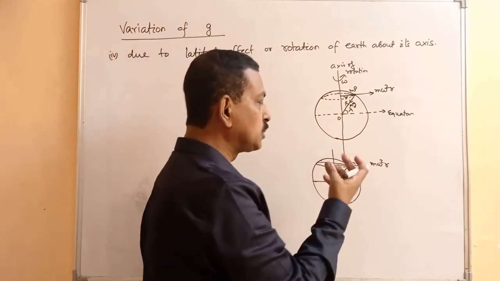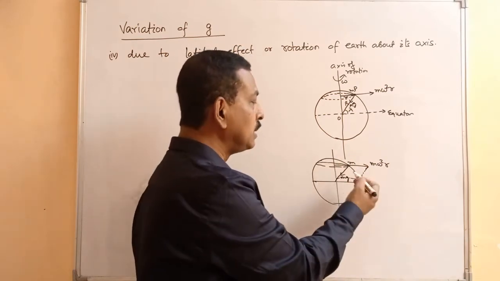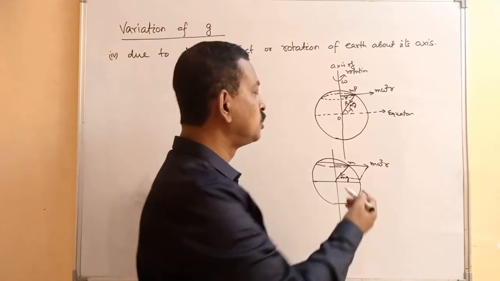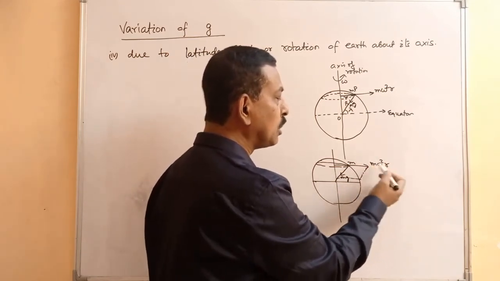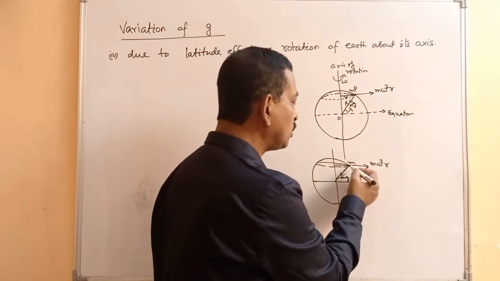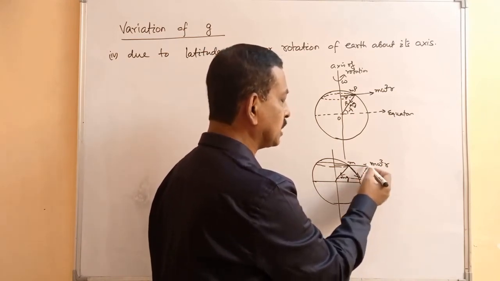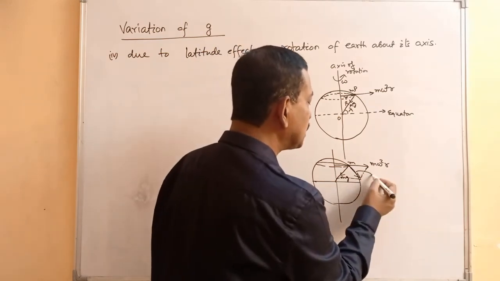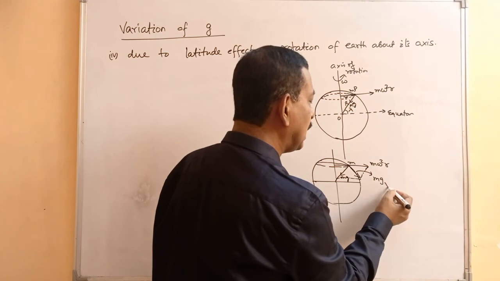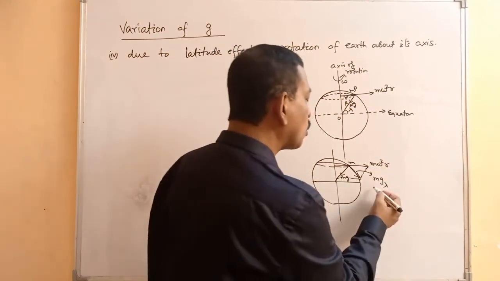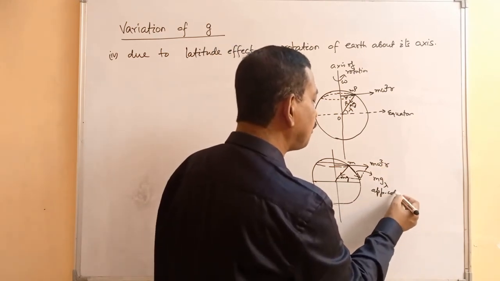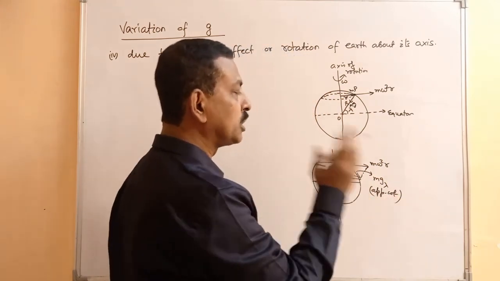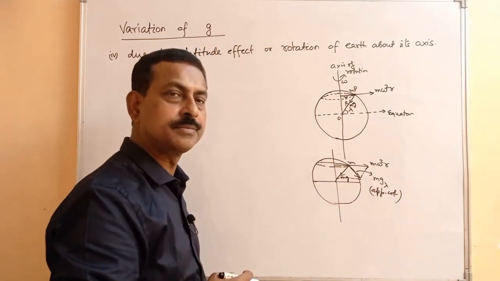So this body will experience two forces: one, its weight due to attraction of the Earth towards its center, and also the centrifugal force. The resultant of that, suppose it is in this direction given by the parallelogram law of vector addition, if I represent it as mg lambda, you can call it the apparent weight, because this is arising only because of the rotation of the Earth about its axis.